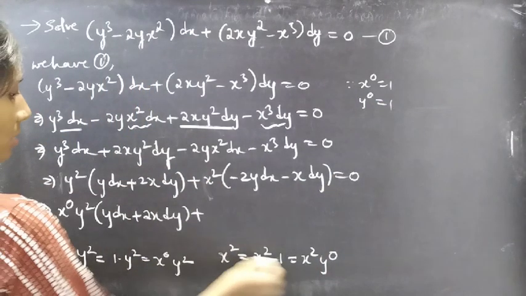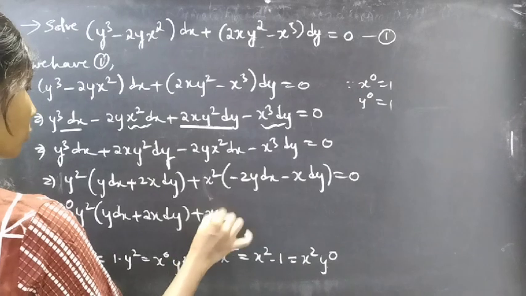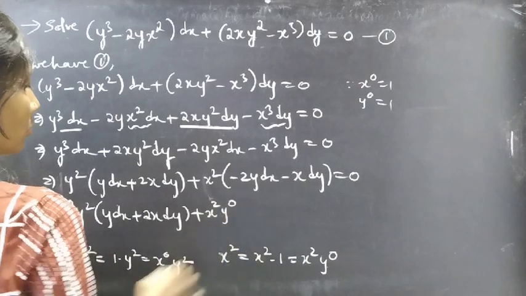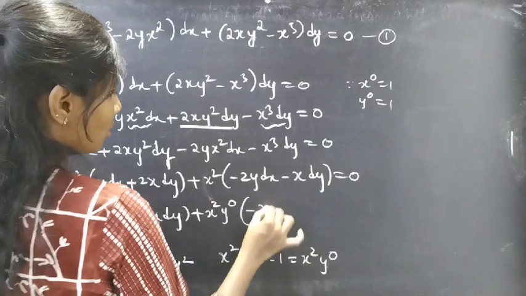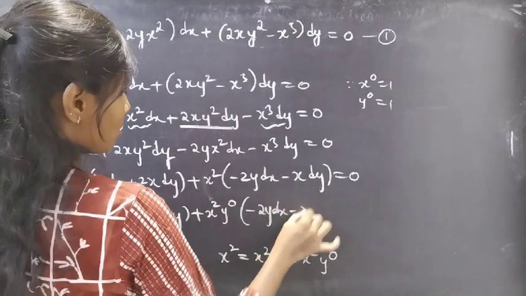So you can replace x square by x power 0 into y power 0, x square y power 0 into terms under brackets remains the same.